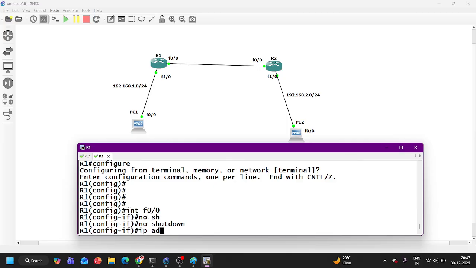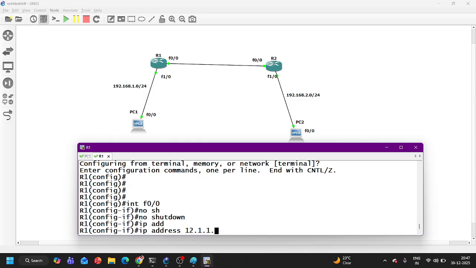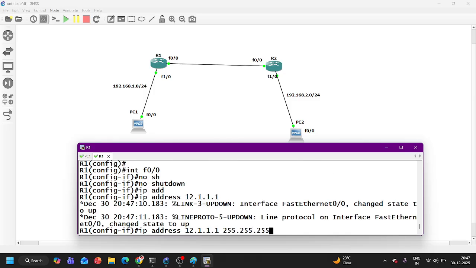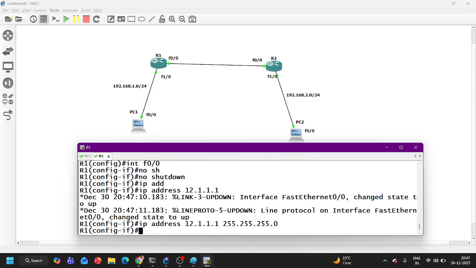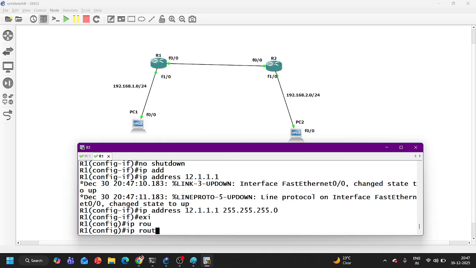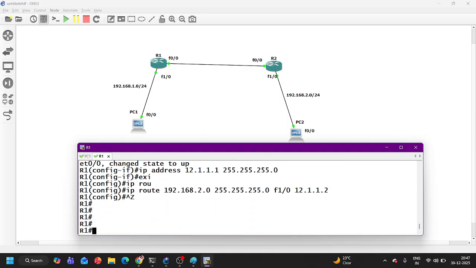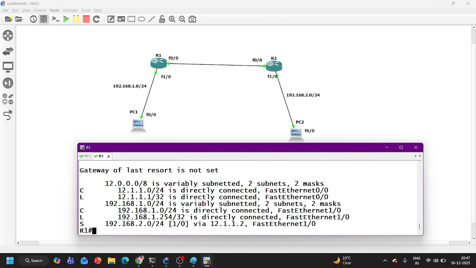IP address 12.1.1.1 255.255.255.0, and IP route 192.168.2.0 255.255.255.0 exit interface F1/0 next hop IP 12.1.1.2. And if you check the routing table, so show IP route, you can see the entry here, right?